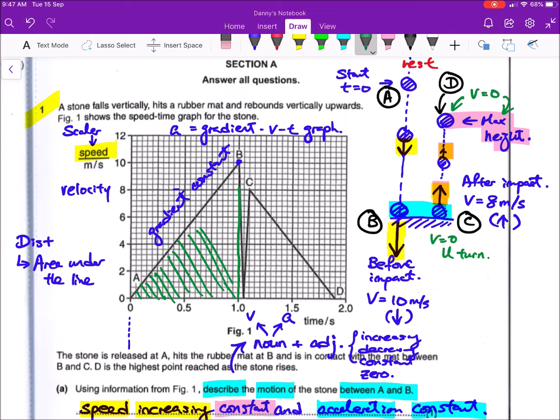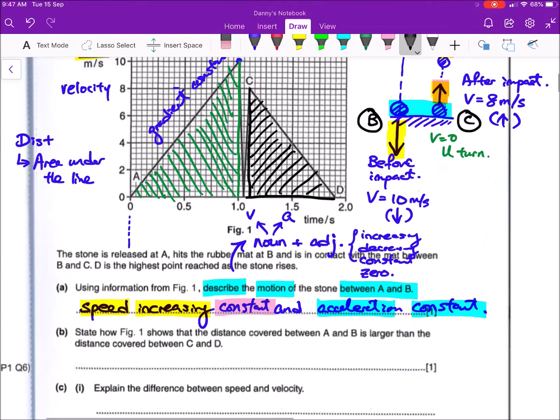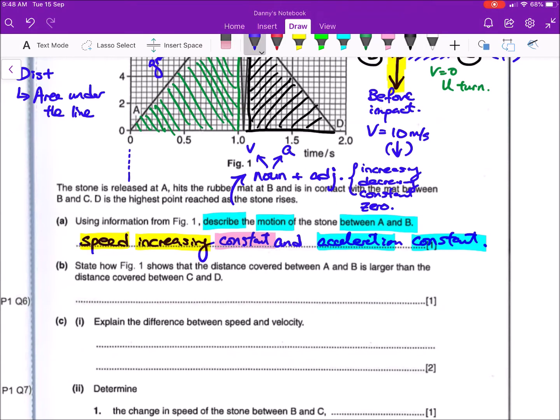AB is definitely larger than the distance covered by CD. C is here, so I'm talking about this triangle. How do I phrase it? Very easy: the area under AB is larger than CD. It is just one mark and there's only one answer line, so just give a one-liner answer.